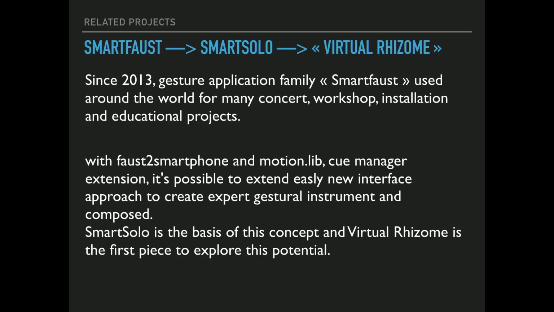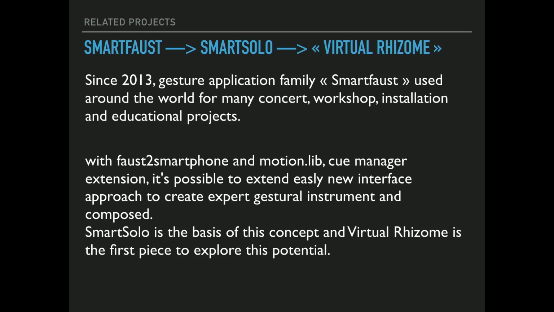So the concept I want to introduce is a smart solo, and we invited the composer Vincent Carinola to create a new piece. This piece uses 2 smartphones, and of course with Faust2smartphone we use a MotionLib. I developed MotionLib for this project also.